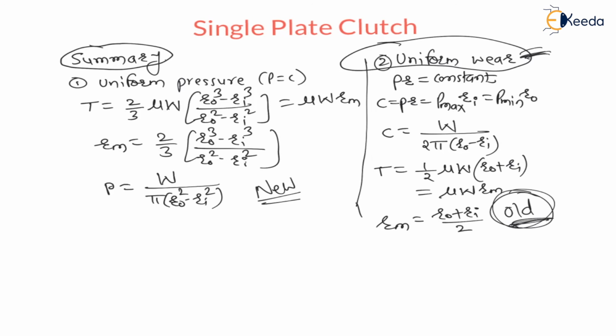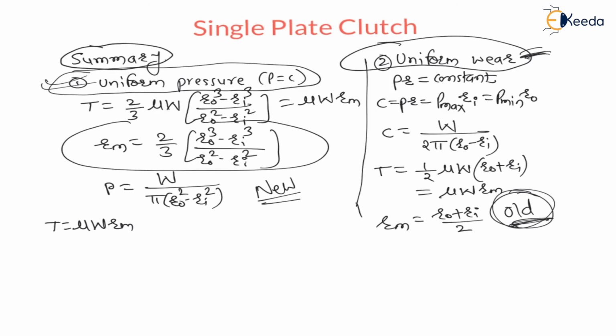And whenever uniform pressure theory is particularly mentioned in the question, then only go for uniform pressure theory. Now let us consider torque is equal to mu W into mean radius of friction, and we have mean radius of friction for uniform pressure theory as well as uniform wear theory.